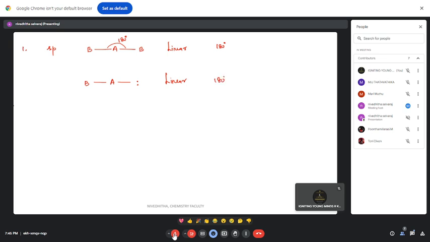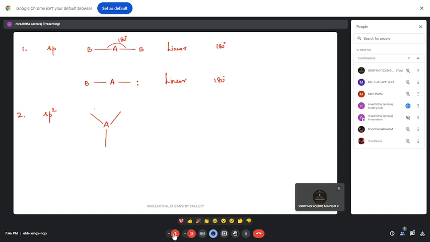Okay. Next hybridization is sp2. If the central atom has sp2 hybridization, how many chemical bonds can that central atom form? It is sp2. So how many chemical bonds can that central atom form? Power of s is 1, power of p is 2, 1 plus 2 is 3. So the central atom can form 3 chemical bonds, and the 3 chemical bonds should be like this.